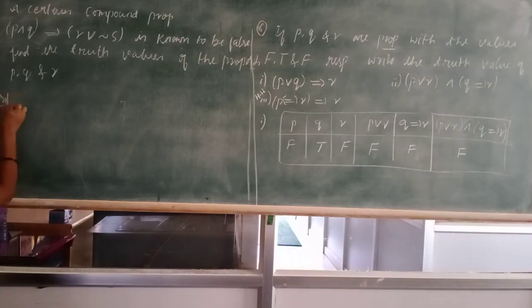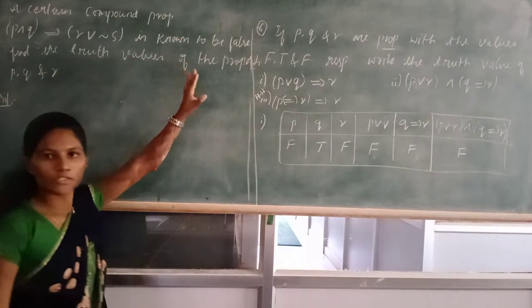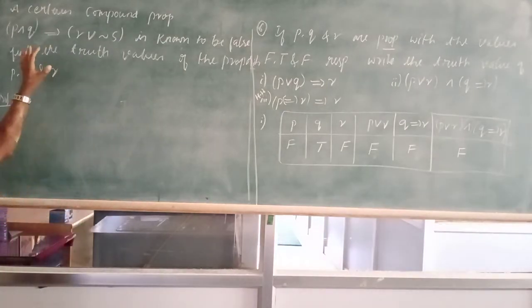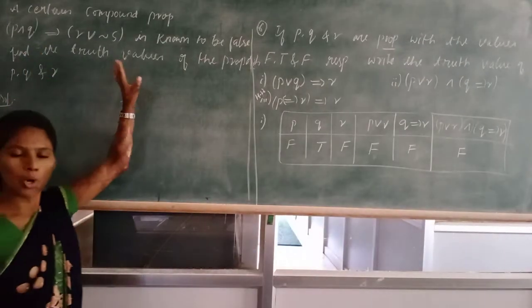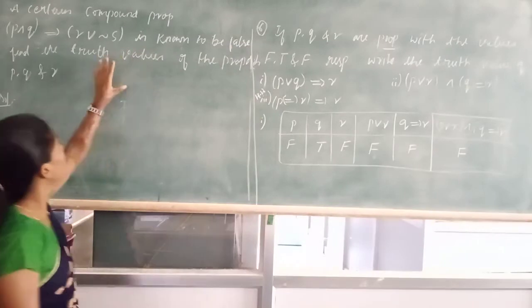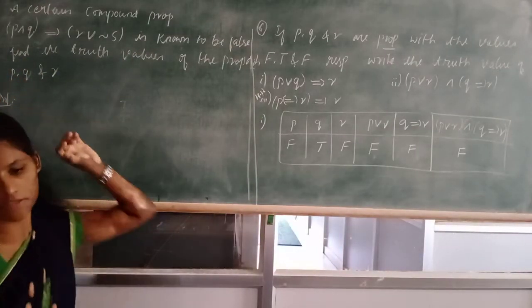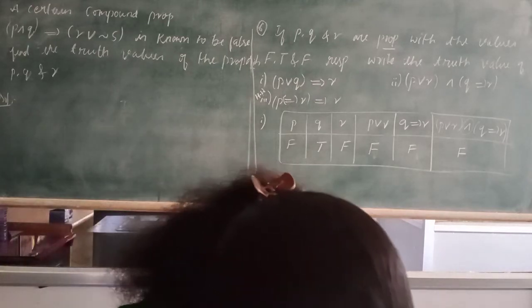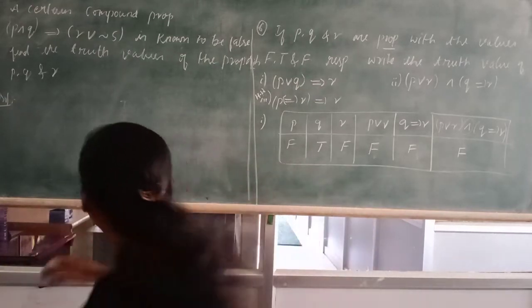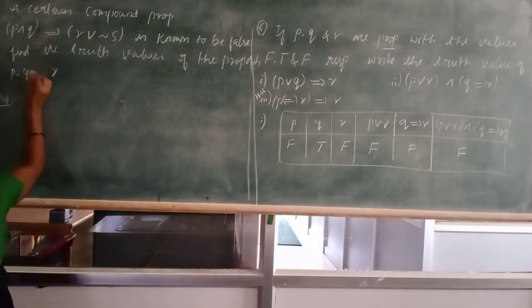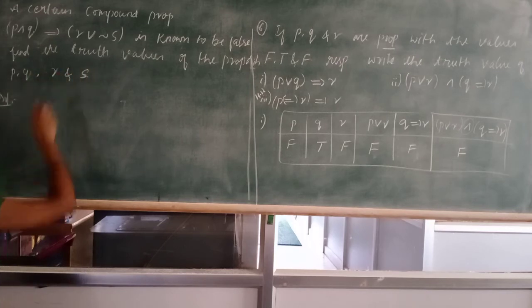Next solution. Okay, now understand the problem. Yes, this whole statement is to be false. Given compound statement is false, or given proposition is false. So we have to find the truth values of P, Q, R and also S. These four values we have to find.